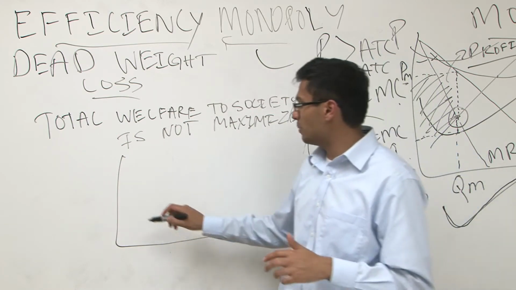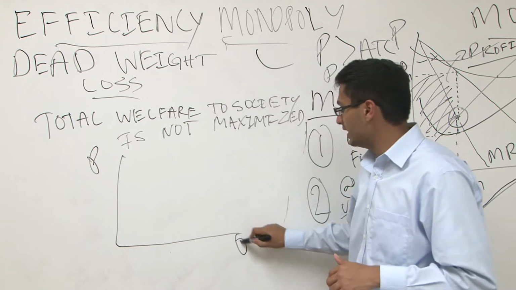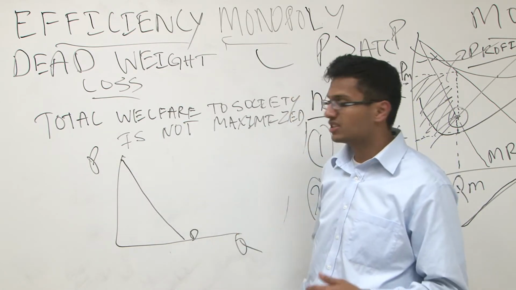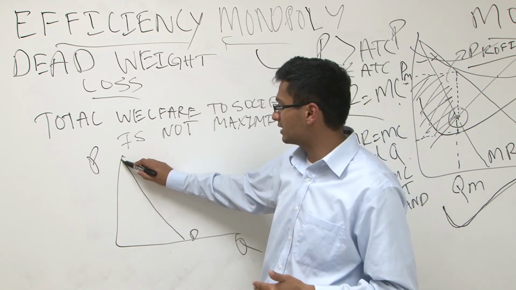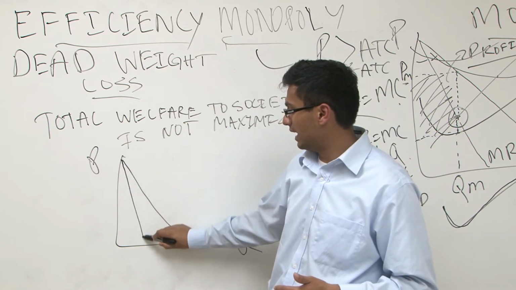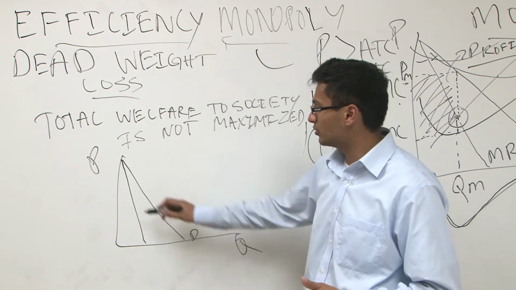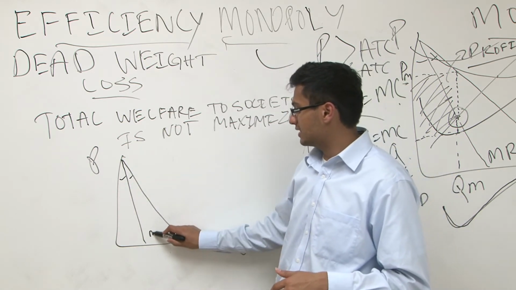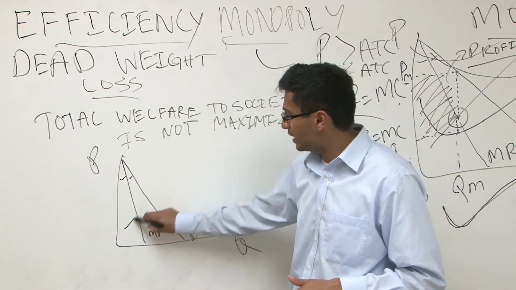In the monopoly graph, we had a price and a quantity. The way we drew it was first we had a downward sloping demand, and we bisected the angle with this MR line, right in the middle, so these angles are equal. That's MR. We had a straight MC line.